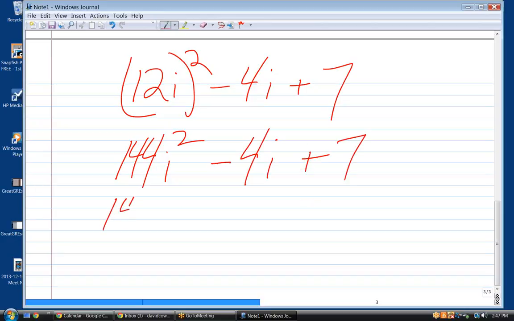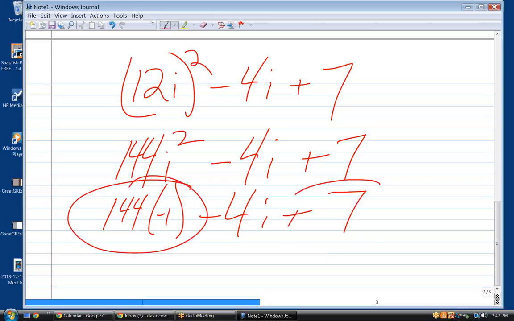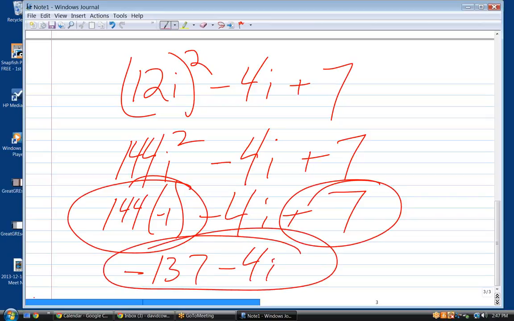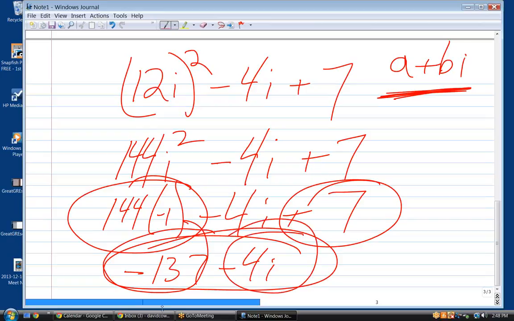So if this is negative 1, now I can combine that number and that number, and I get minus 137 minus 4i. There's your answer. Notice that it's in a plus bi format. That's the standard format for imaginary numbers. You want the real part on the left, the imaginary part on the right.